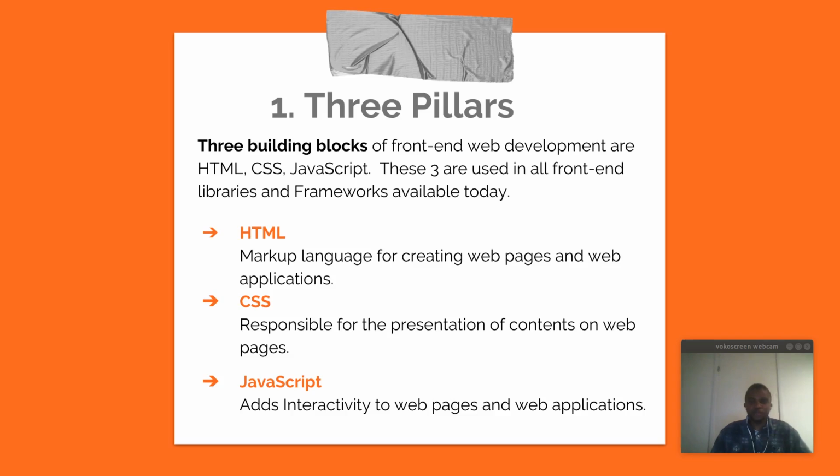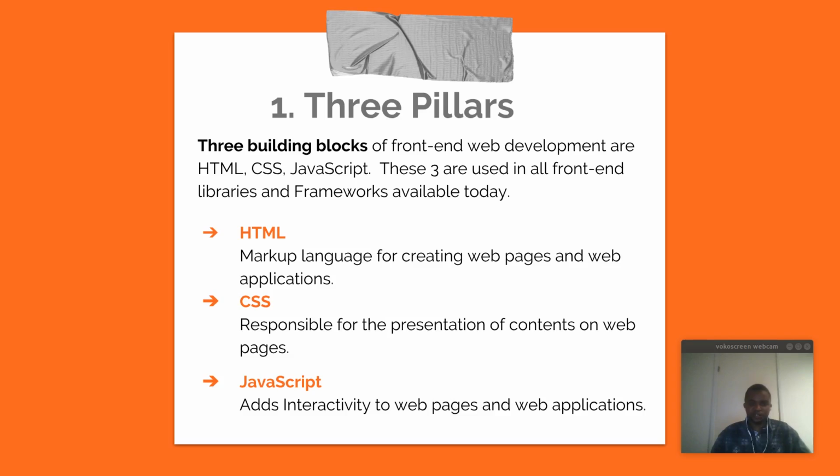Of course, we all know that there are three building blocks of front-end web development projects, which are CSS, HTML, and JavaScript. These three very important building blocks are used in all front-end libraries and frameworks that are available today.